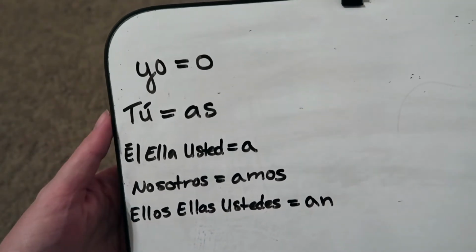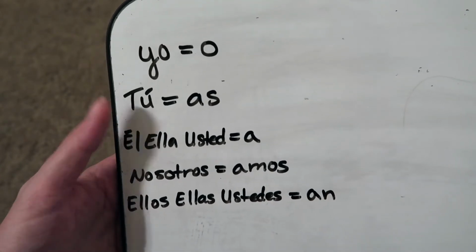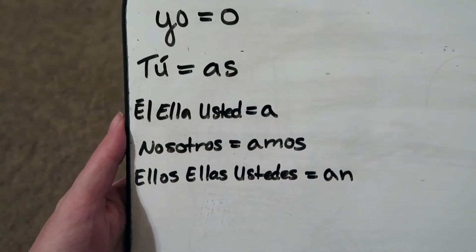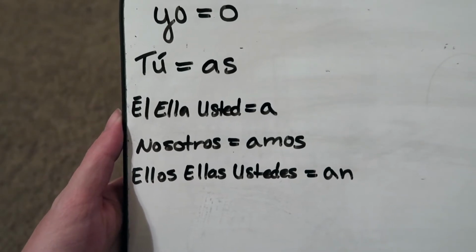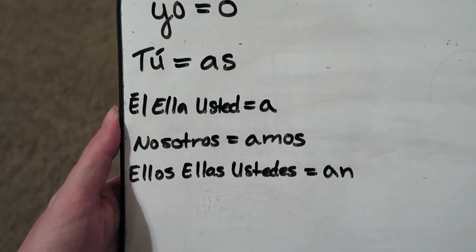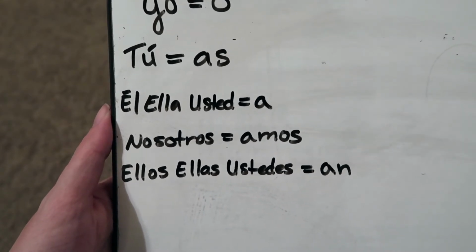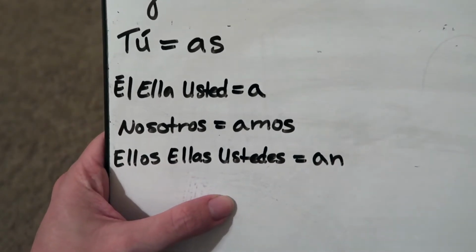If you're conjugating for tú, which is you, familiar, it's going to have an AS on the ending. If you're conjugating for él, ella, usted, it's going to have an A on the ending. If you're conjugating for nosotros, which is we, it's going to have amos on the ending. If you're conjugating for ellos, ellas, or ustedes, it's going to have an AN on the ending.